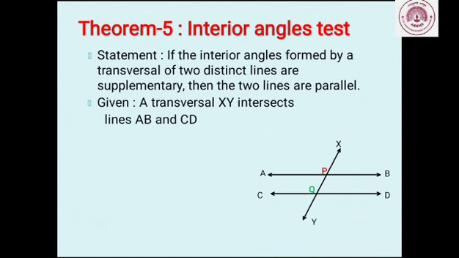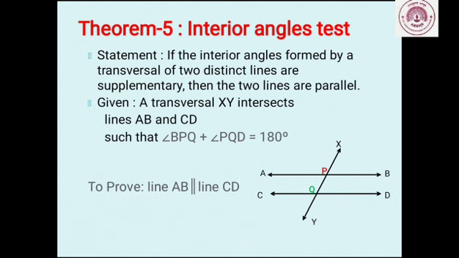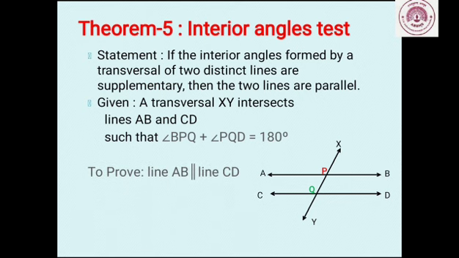Given: a transversal XY intersects lines AB and CD at points P and Q such that angle BPQ plus angle PQD equals 180 degrees. Here angle BPQ and angle PQD are interior angles on the same side of the transversal. To prove: line AB is parallel to line CD.